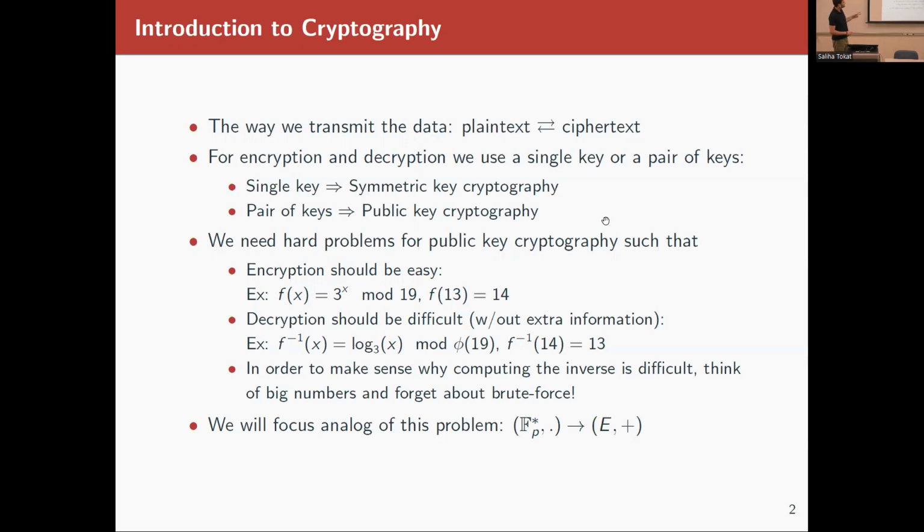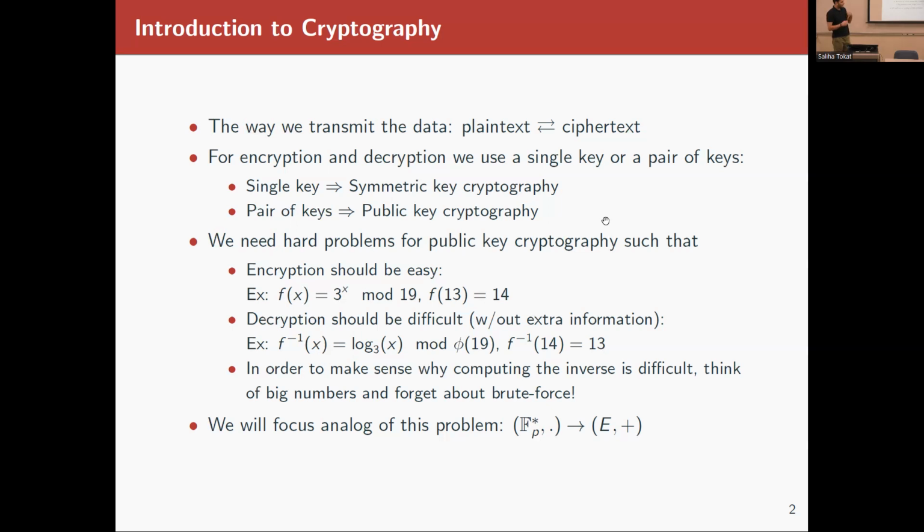There are two main methods for encryption. One is symmetric key cryptography and one is public key cryptography. Public key cryptography is like this. I have two keys, one for encryption and one for decryption. The encryption one is public, known by everybody, and the decryption key is secret. Only I have this key.